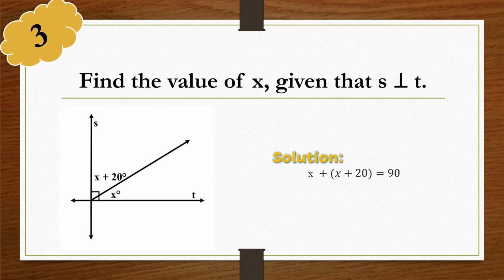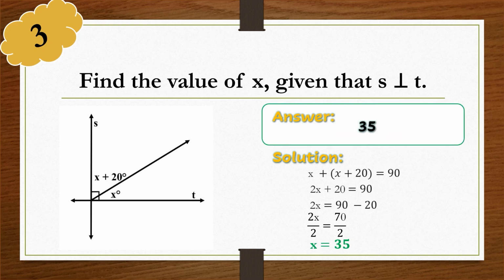Combining similar terms, we have x plus x is 2x plus 20 equals 90. By addition property, we have 2x is equal to 90 minus 20. So 2x is equal to 70. Dividing both sides by 2, x is equal to 35. So the value of x is 35.